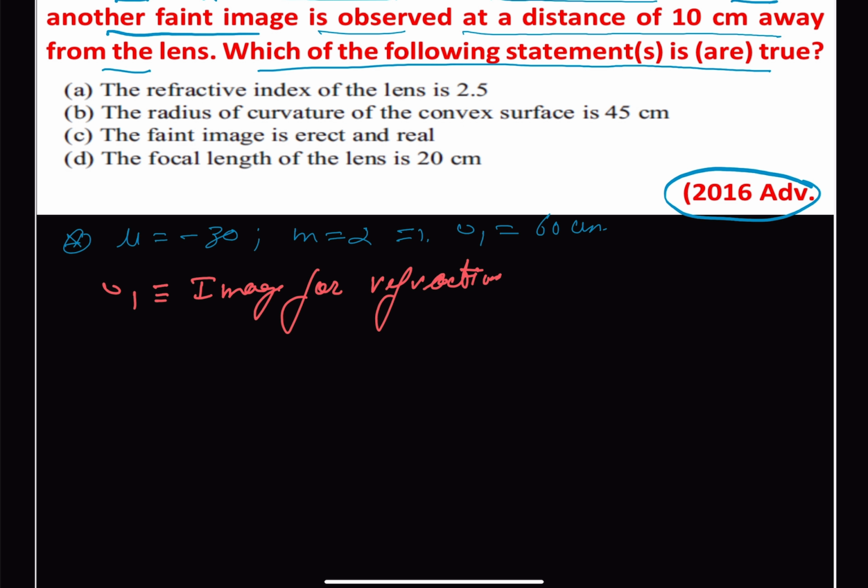Another image is formed at 10 centimeter, let us suppose v2, and that is the image for reflection.